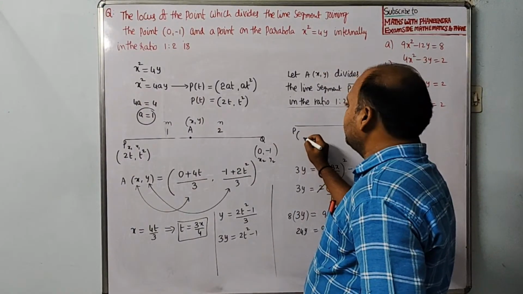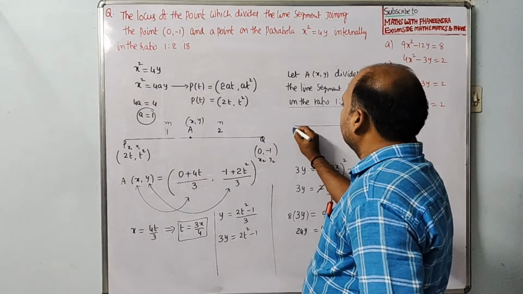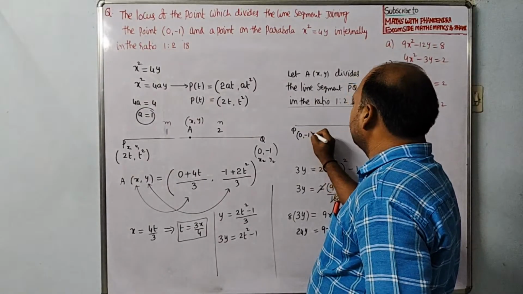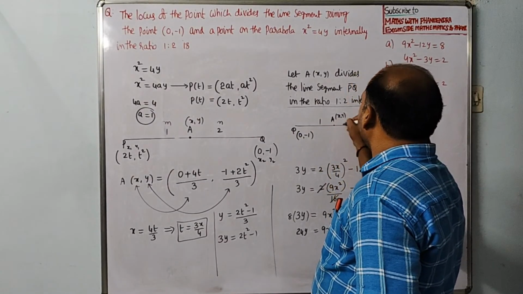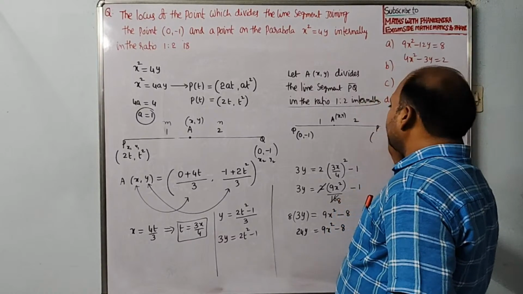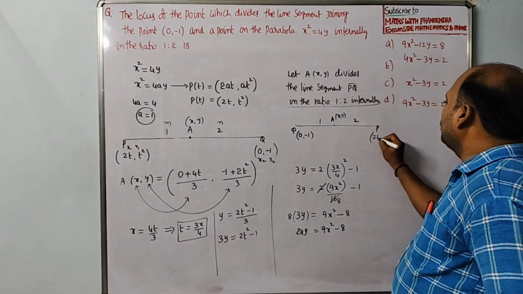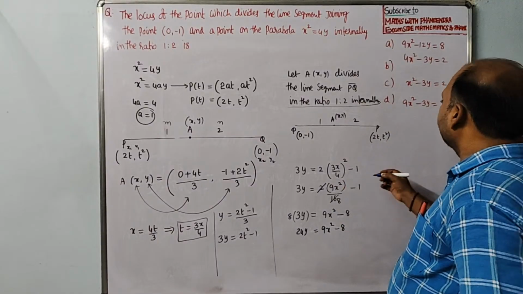So P point is (0, -1), ratio 1 is to 2. So A point is (x, y). So the P point is P of t, that means (2t, t square).